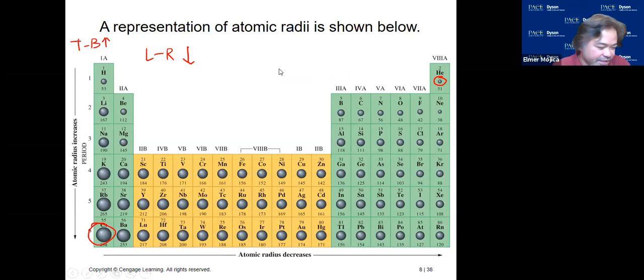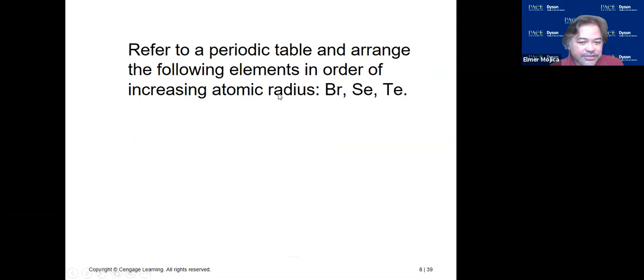Okay, so let's try to apply this concept in answering this question. How would you look at the order in increasing atomic radius for these three elements? So bromine, selenium, tellurium.